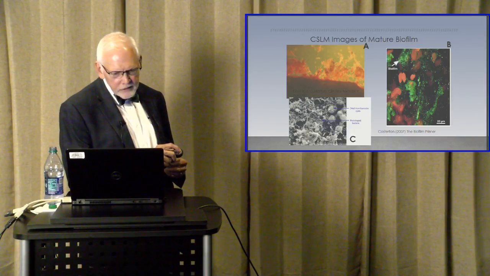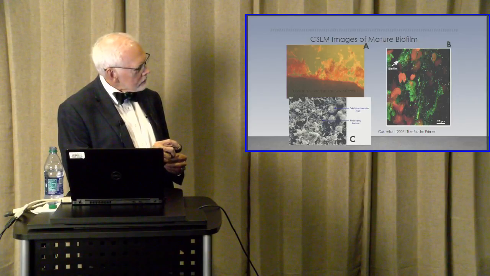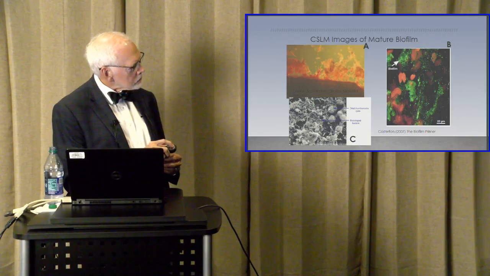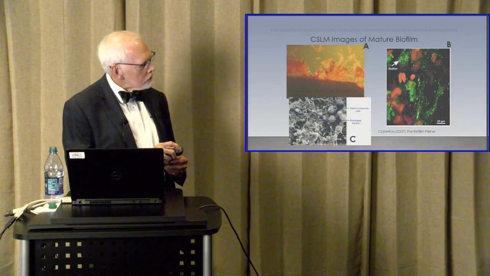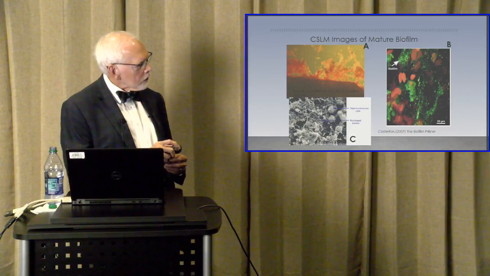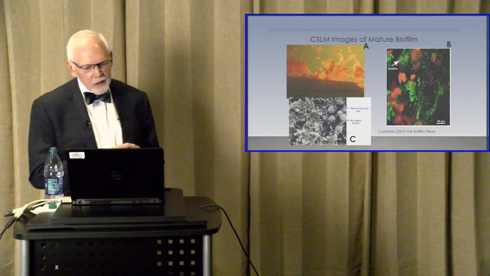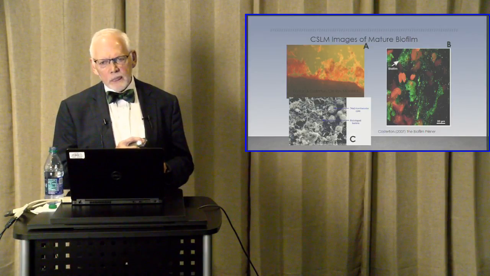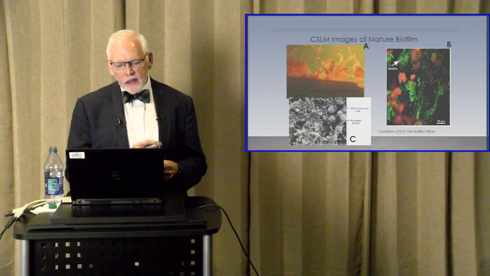And you see this substance on the surface here, there are actually bacteria and other organisms attached to the surface, and then there are other architectural elements in biofilm like water channels and columns to hold it in place.